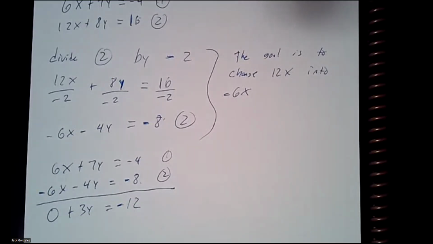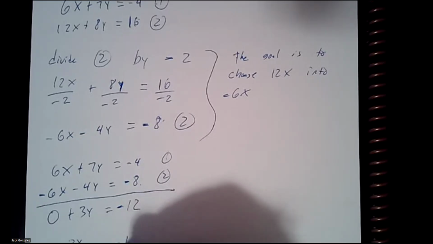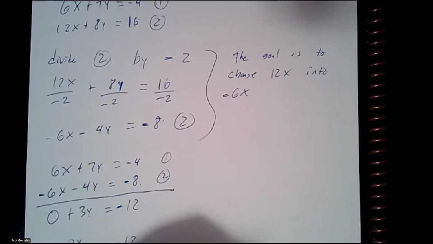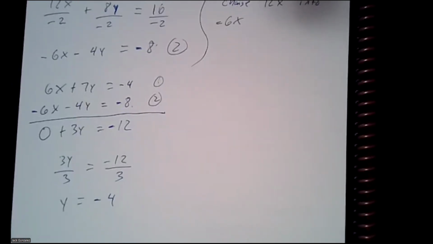So I did that all in order to get a pretty number. That's the only reason. Okay, so now divide both sides by 3. And we get y. So y is equal to negative 4.